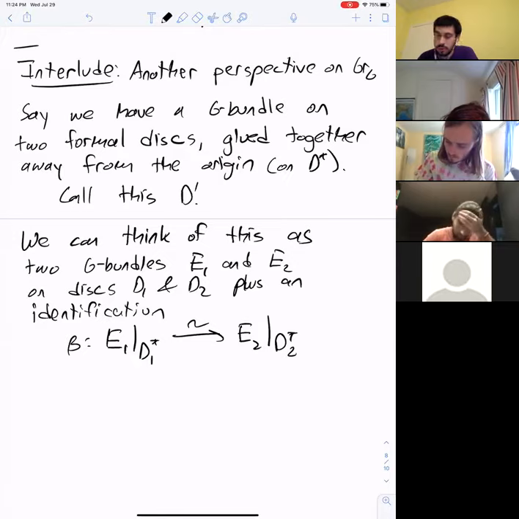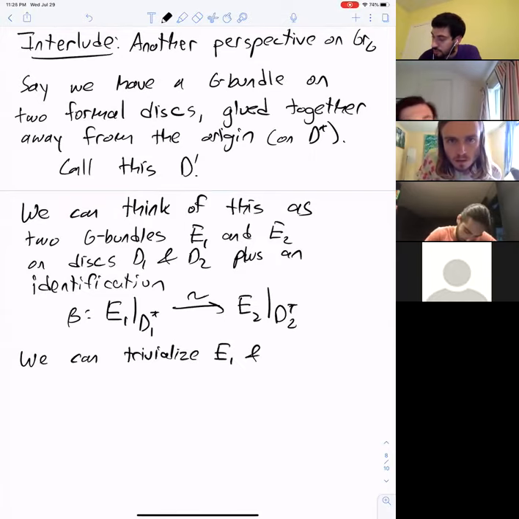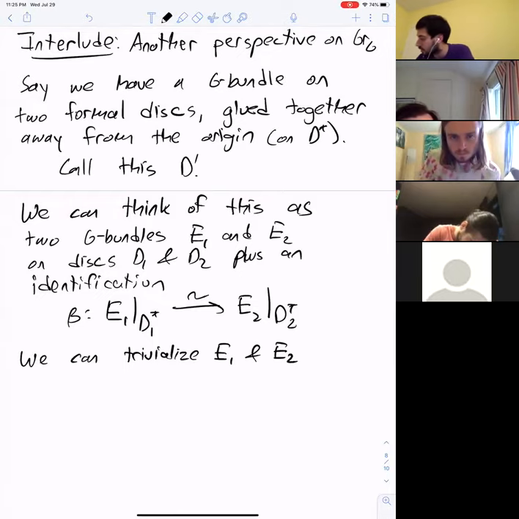So let's say we want a slightly more concrete description of this. We can trivialize E1 and E2. Every G bundle on the formal disk is trivializable, but it's still important what trivialization we pick.